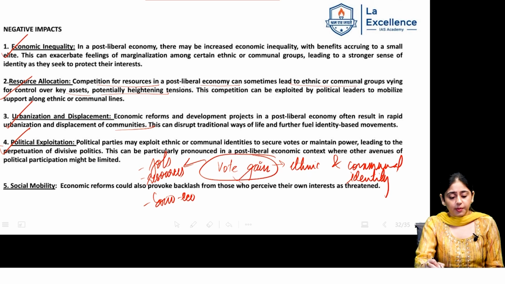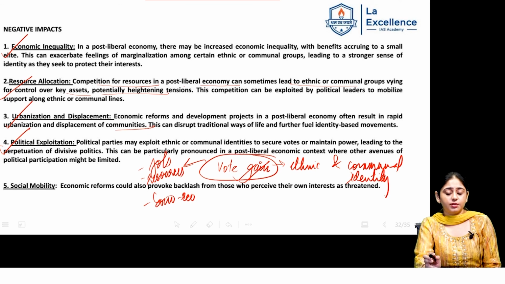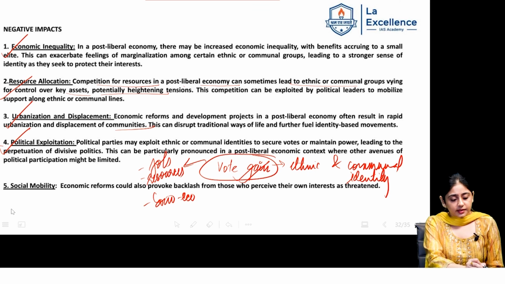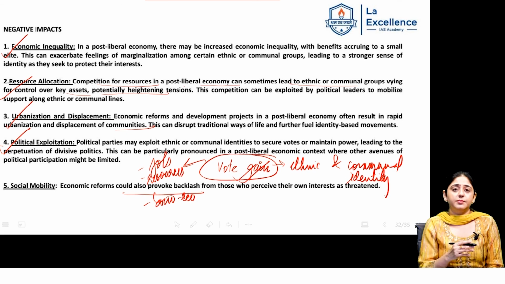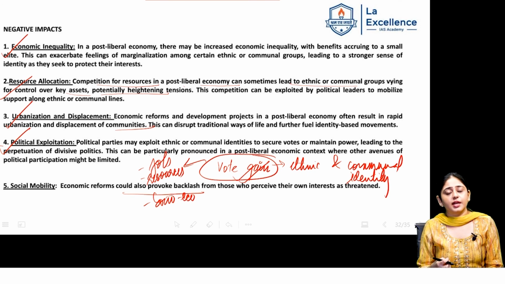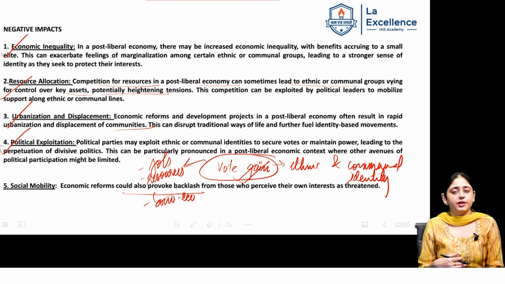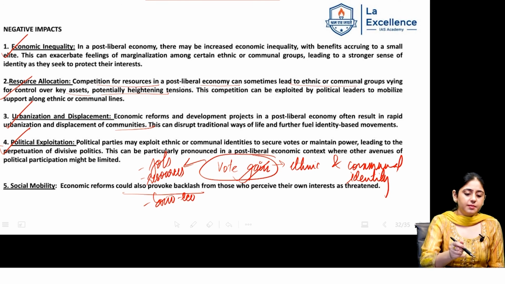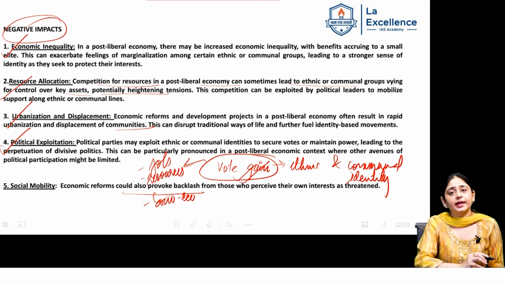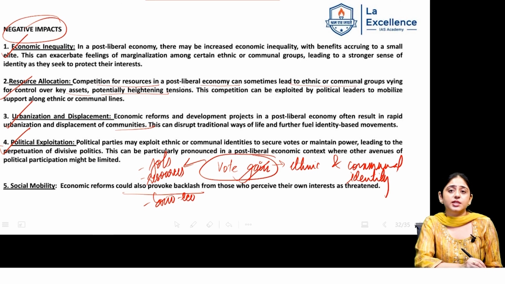So this political exploitation was also responsible. Then social mobility. When different communities saw that one community is having more social mobility than us, unhealthy competition is created, and on top of it, it is exploited by the politicians. So these were some of the negative impacts which the post-liberal economy had on your ethnic identity and your communalism, right?